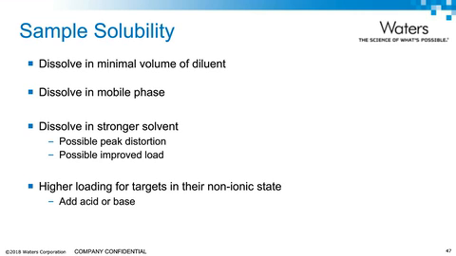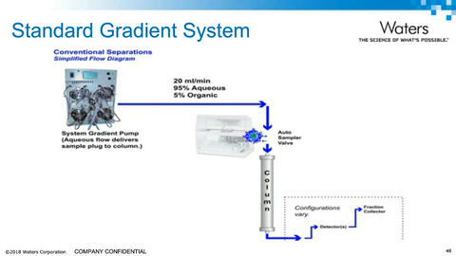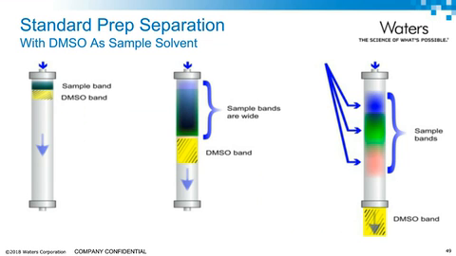We have our chromatographic pump deliver solvent or mobile phase to the injector where it picks up the sample and is deposited on the head of the column. When we have a strong solvent such as DMSO as our sample solvent on a standard prep separation on a standard gradient system, what happens is the sample is deposited along with the DMSO on the head of the column.